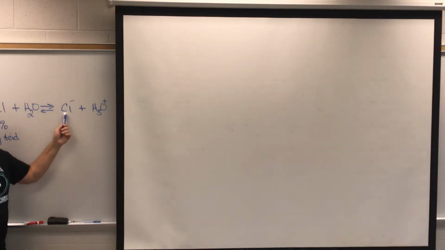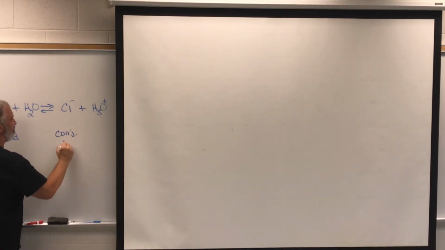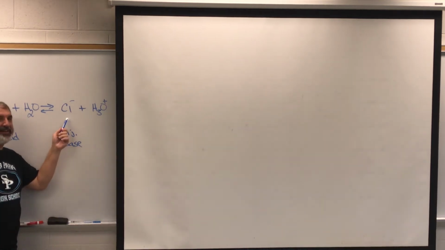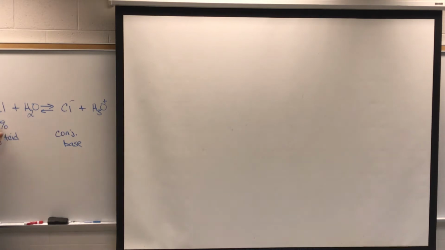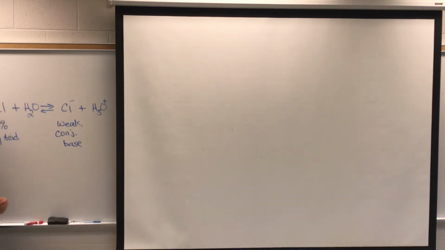So the Cl minus over here, my conjugate base, is saying, we are never, ever getting back together again. Sorry hydrogen, I just got rid of you, I have no attraction for you, I don't want you back. So this is going to be a very weak conjugate base.